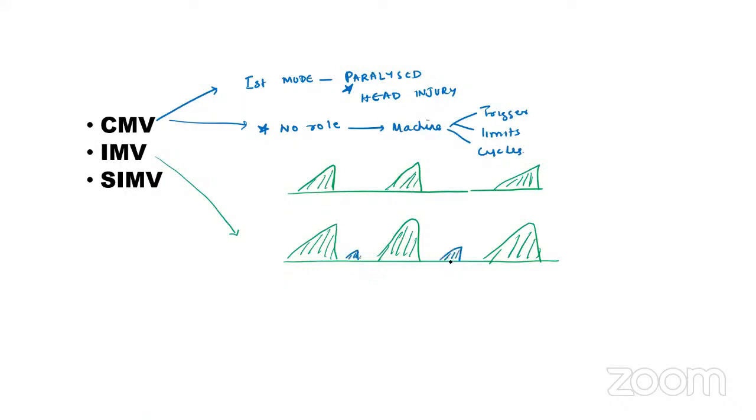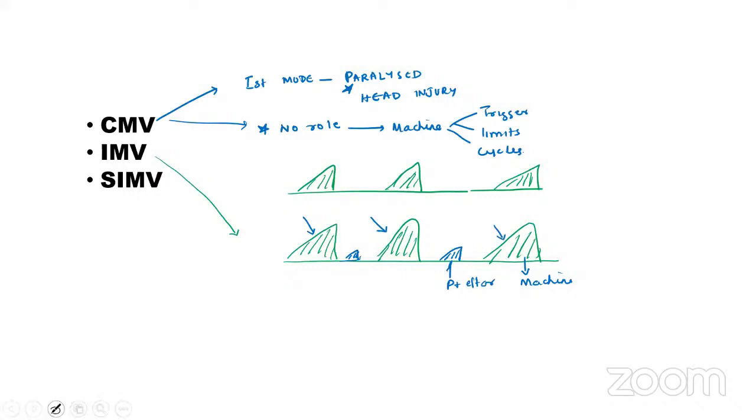This is patient effort, and this is the machine's breath. This is called IMV, intermittent mandatory ventilation. That means in between, whenever the patient is breathing, we give mandatory breaths. Mandatory means compulsory, which is given by the machine.